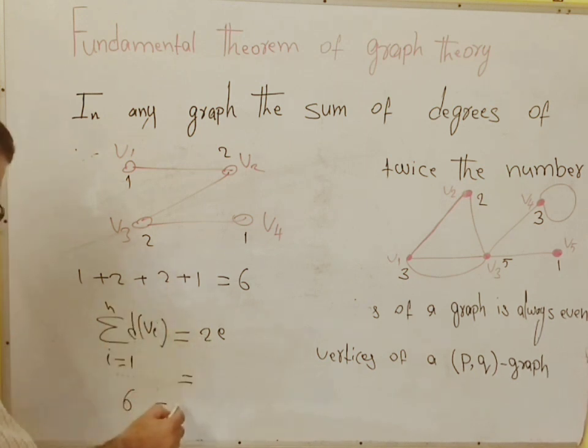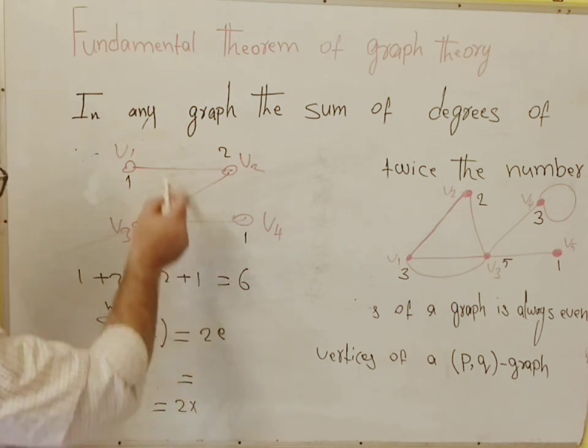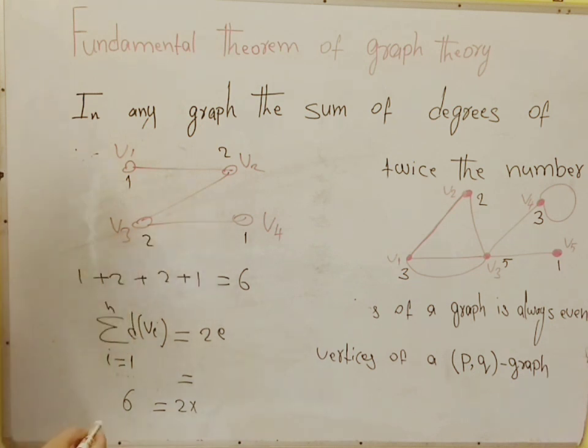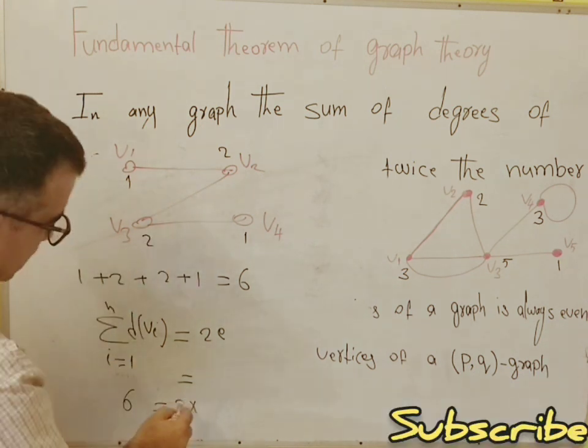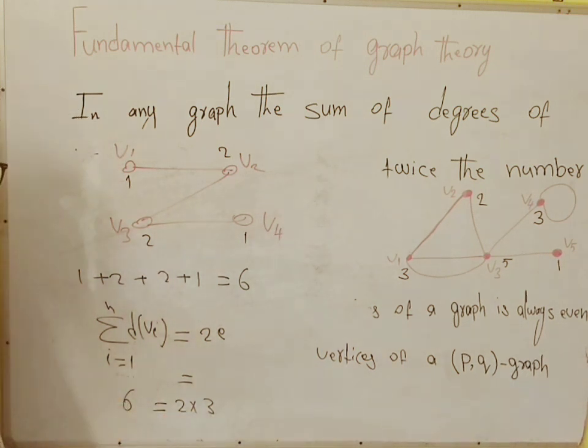And 6 is equal to 2 times the number of edges. How many edges does this graph have? It has 1, 2, 3 edges. 2 times 3 is equal to 6.